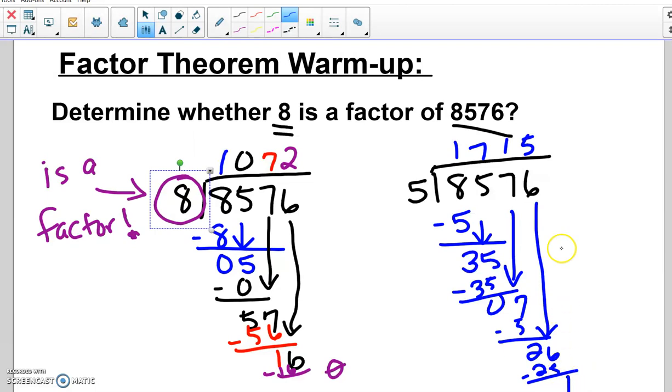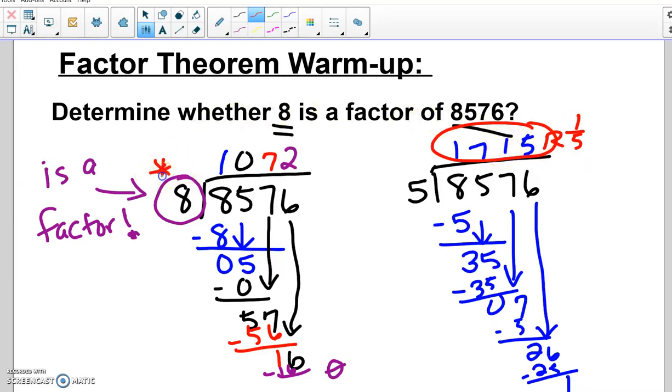So now, if I tried to divide this new, smaller number and break it down again by something else, that's going to be really hard to do because it's got a remainder of 1, or you could say 1,715 and 1/5. So I've just made my job of continuing to break this down a lot harder.